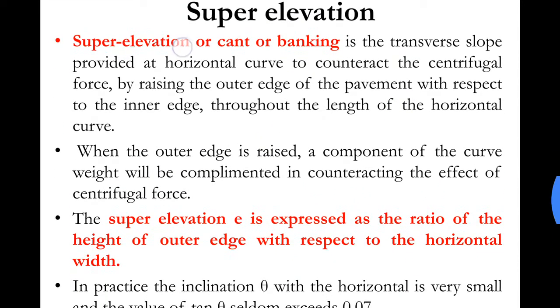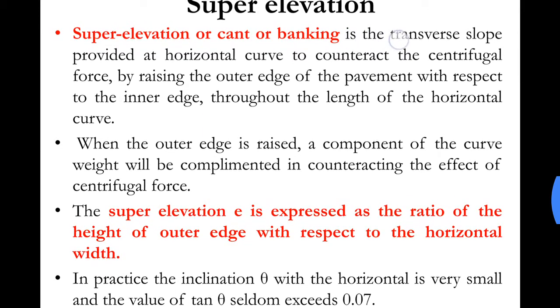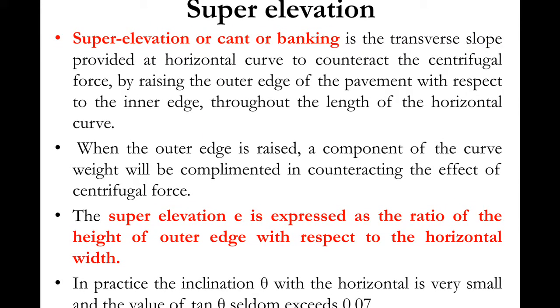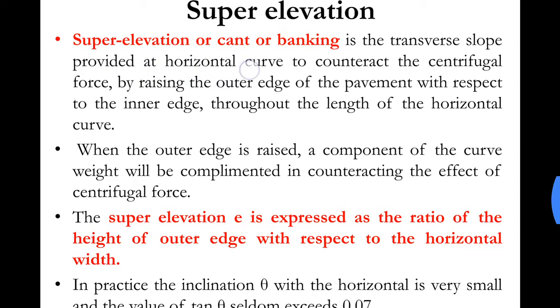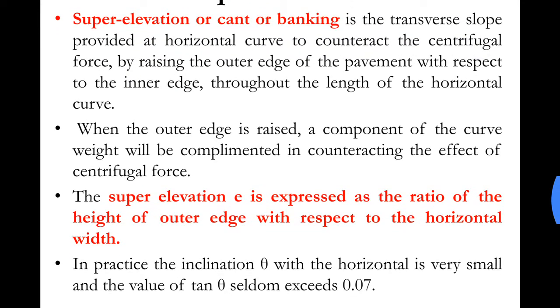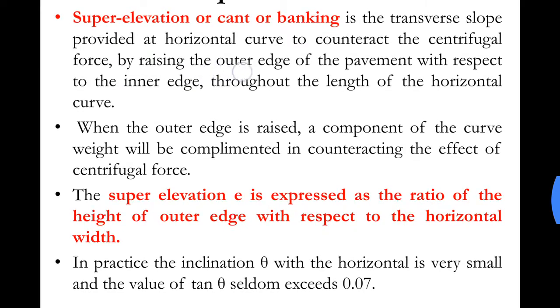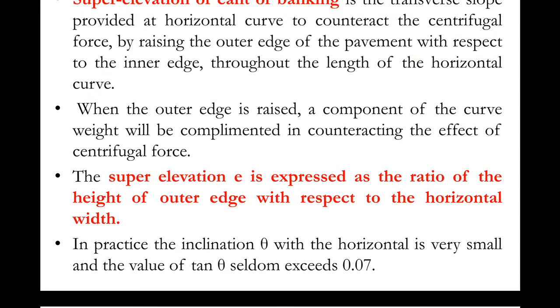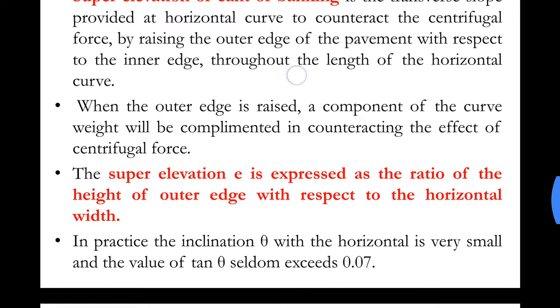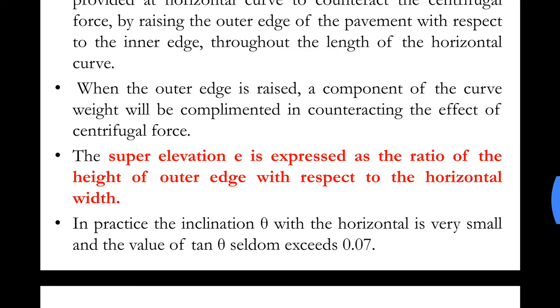Super elevation, or cant, or banking, is the transverse slope provided at a horizontal curve to counteract the centrifugal force by raising the outer edge of the pavement with respect to the inner edge throughout the length of the horizontal curve.